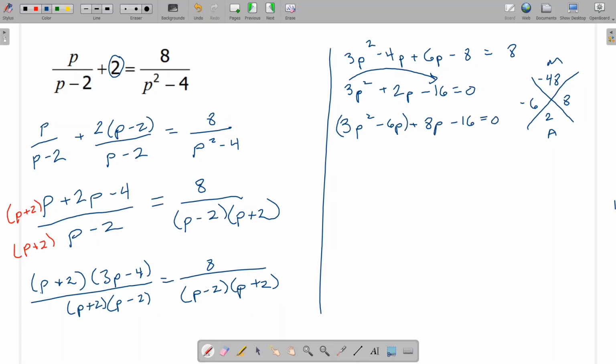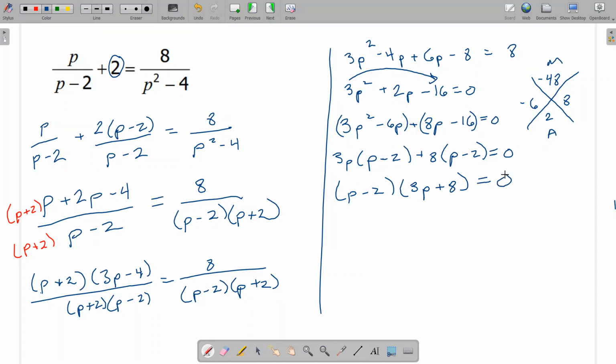We're going to factor by grouping. So p minus 2 times 3p plus 8 are our factors. So now we just need to solve here. P minus 2, if we set that equal to 0, we're going to get p equals positive 2. And if we set 3p plus 8 equal to 0, we get p equals negative 8/3.